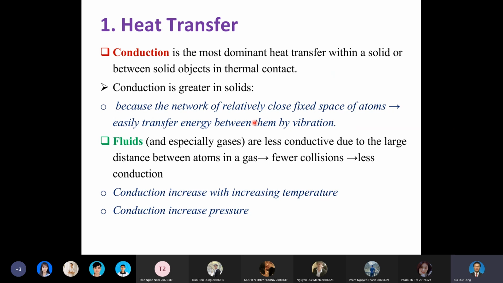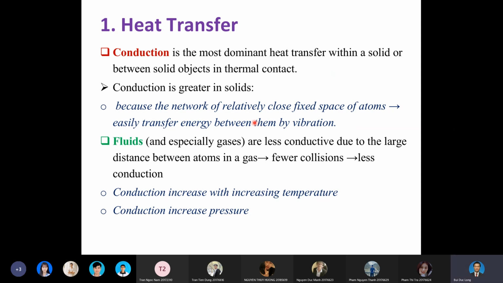Okay, so next we want to know where conduction dominates. Is it in a solid, in a liquid, or in a gas medium?